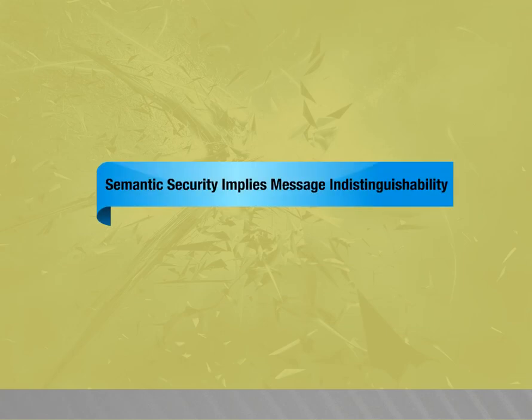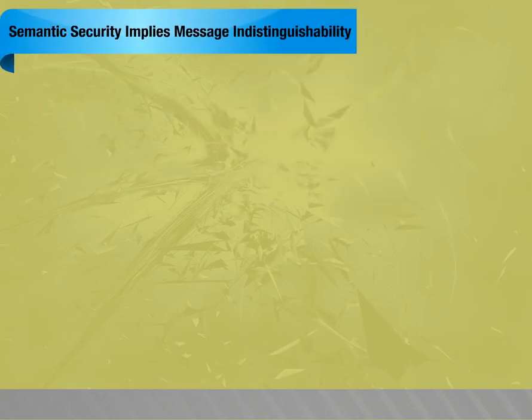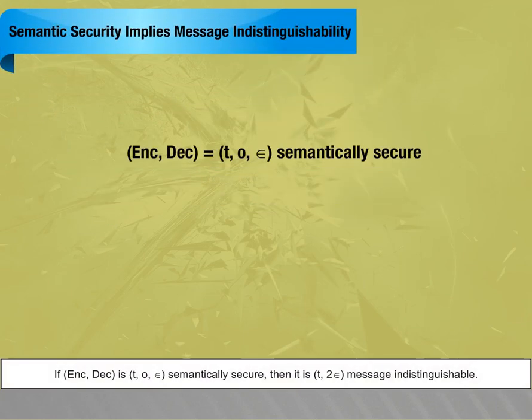Semantic security implies message indistinguishability. If (ENC, DEC) is (t, o, epsilon) semantically secure, then it is (t, 2 epsilon) message indistinguishable.